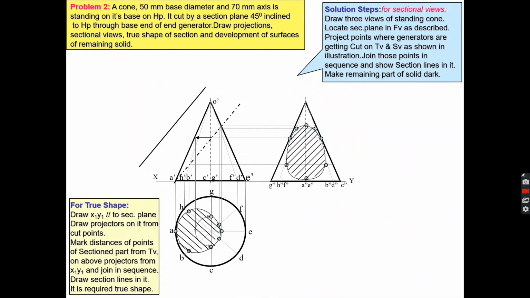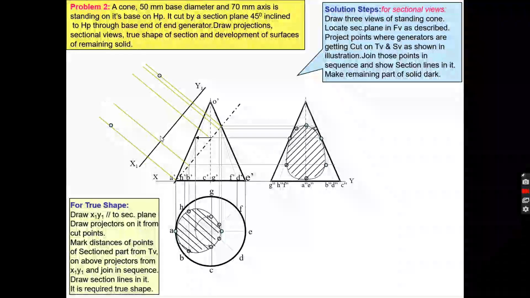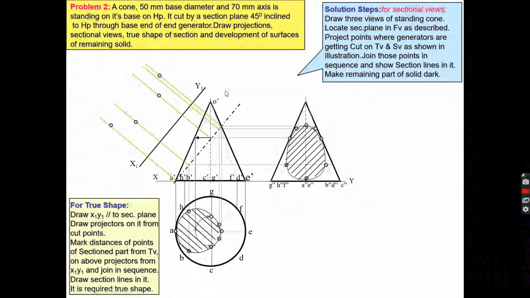So for drawing the true shape of this section, you have to draw a new reference line parallel to the section plane, drawing perpendicular lines to the reference line from the points you are getting after cutting the cone, and then you will measure all the distances of the points from the XY line in the top view, and you can mark them here with respect to the new reference line, and you will get the true shape of the section.